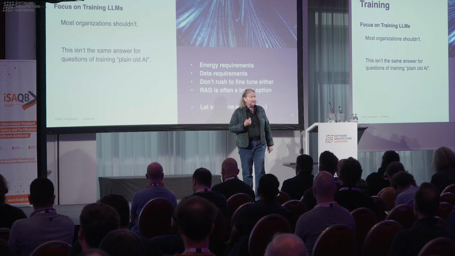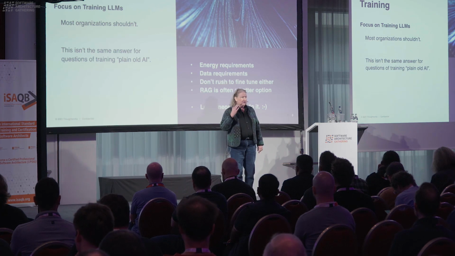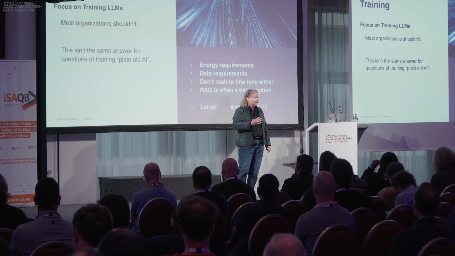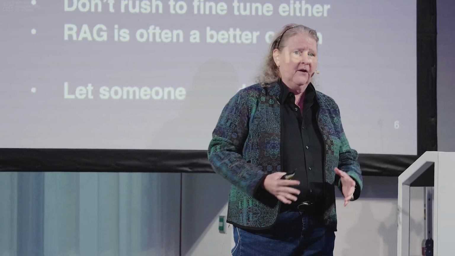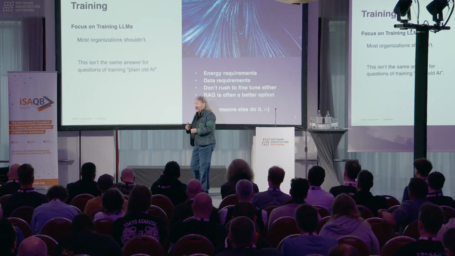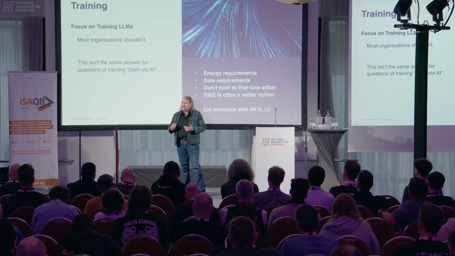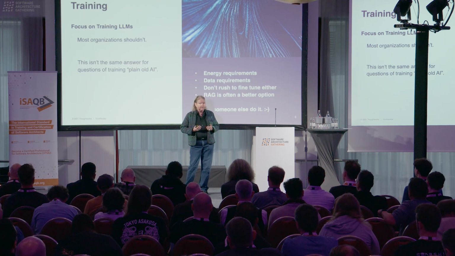And so you want to be cautious. RAG, retrieval augmented generation, is proving to be quite a useful architecture, where you're effectively saying, hey, give this stuff priority with what you're looking at. But the point is, for large language models, don't train them yourself.